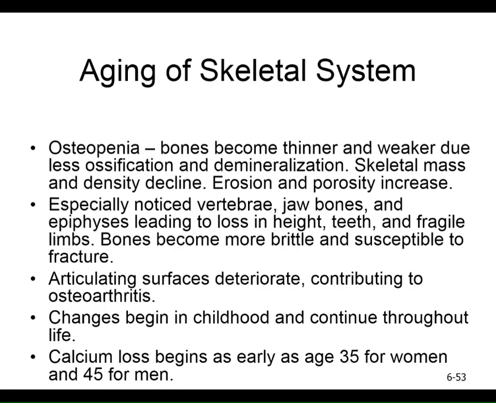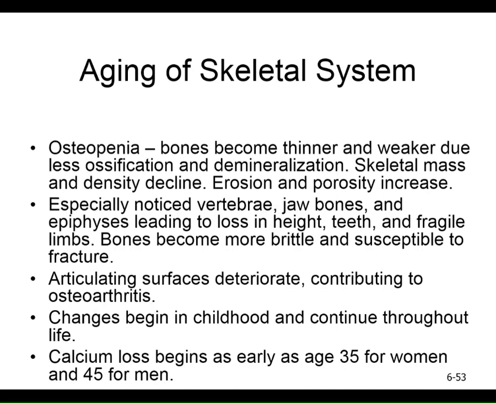I also try to leave us thinking about the joys of aging, right? As we go through each of these systems, what can we look forward to as our system gets older? And the skeletal system, as it ages, starts to experience osteopenia. That's just a fancy way of saying deficiency in bone.